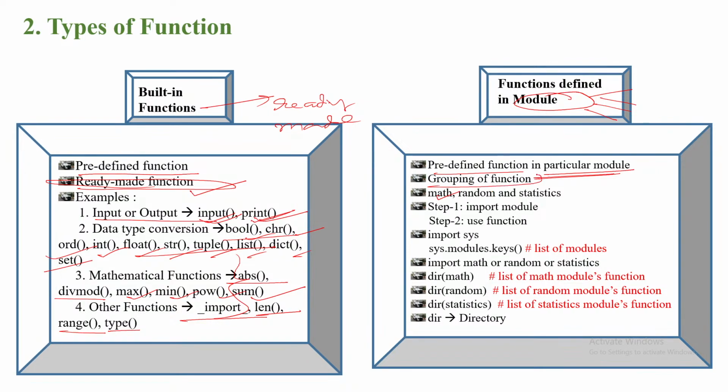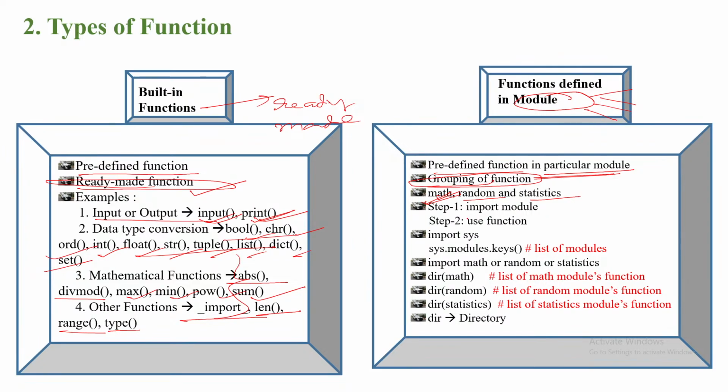It is a grouping of functions in one particular module. Whatever functions you get in any particular module, you cannot get in other modules. So every module has different functions. Clear?